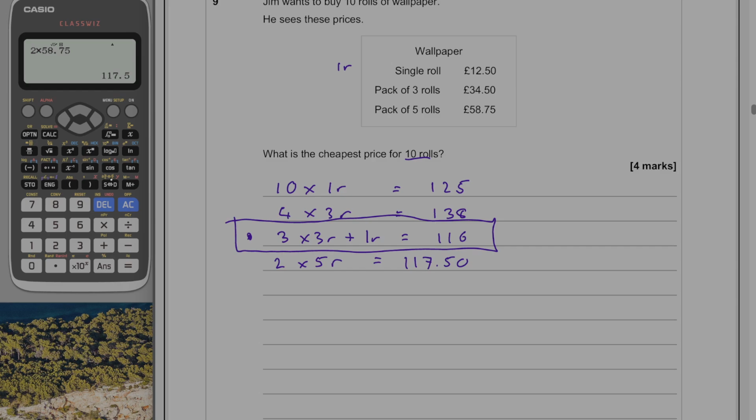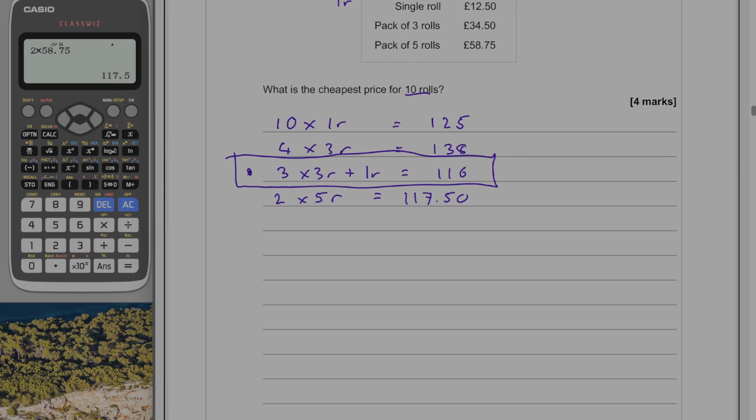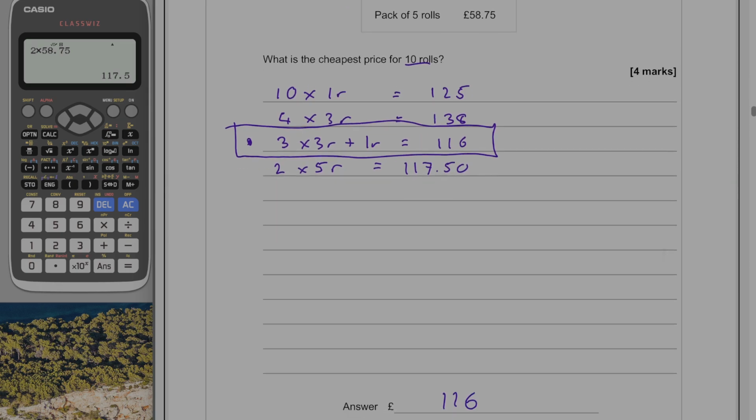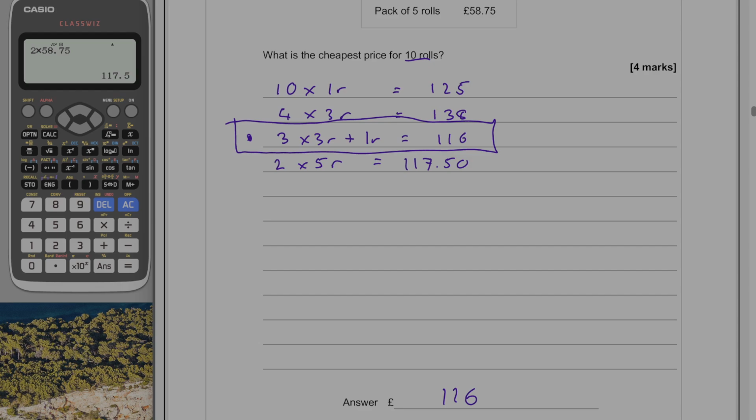So if you've not done that and you followed that method, yeah, that works fine. So yeah, our cheapest price is going to be 116.